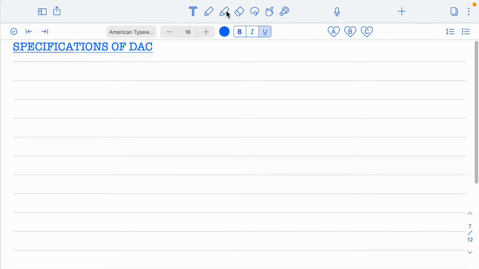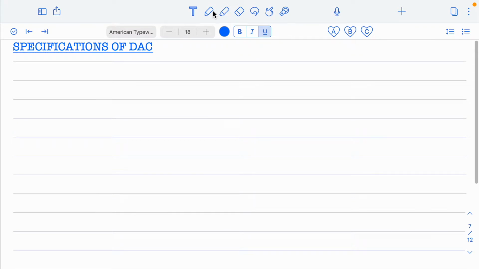As I was mentioning yesterday, if you want to use or design a data converter, it requires proper understanding of the specifications, right? So what you understand by specification is that the specification gives the features and limits of the static and dynamic operation of a data converter, right?